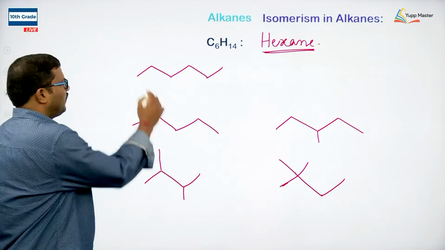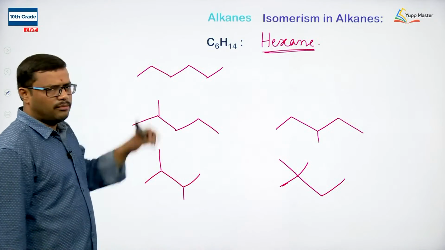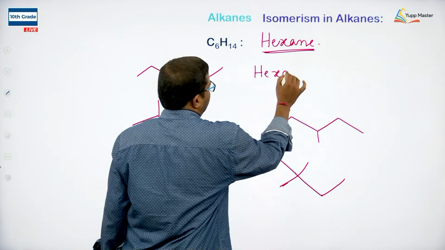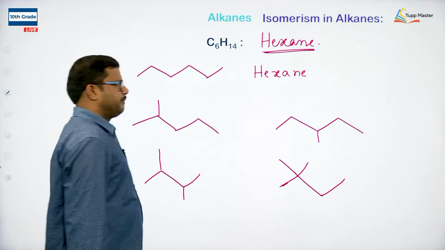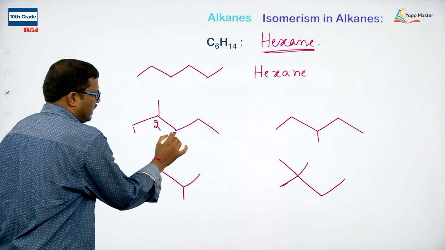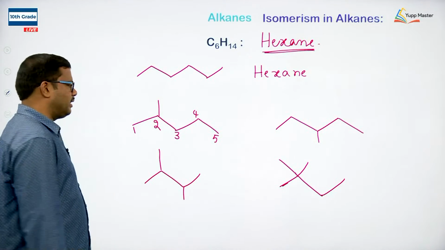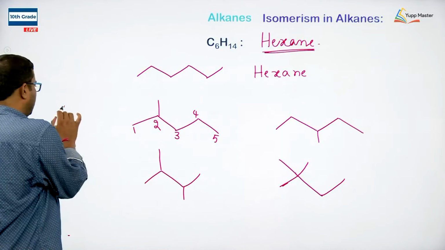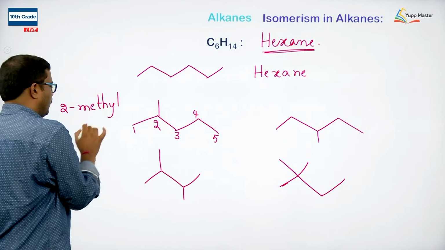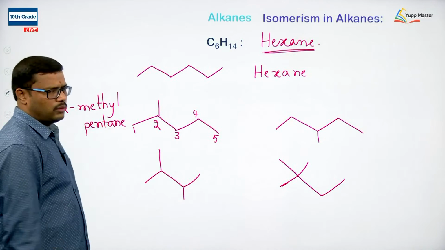So if I write the name of this one, what is the IUPAC name of this compound? All the carbon atoms are arranged in a straight fashion, so we can write it as hexane. If I number this compound by selecting the longest continuous carbon chain having 5 carbon atoms, at the second position I have a methyl, so you can write it as 2-methylpentane.